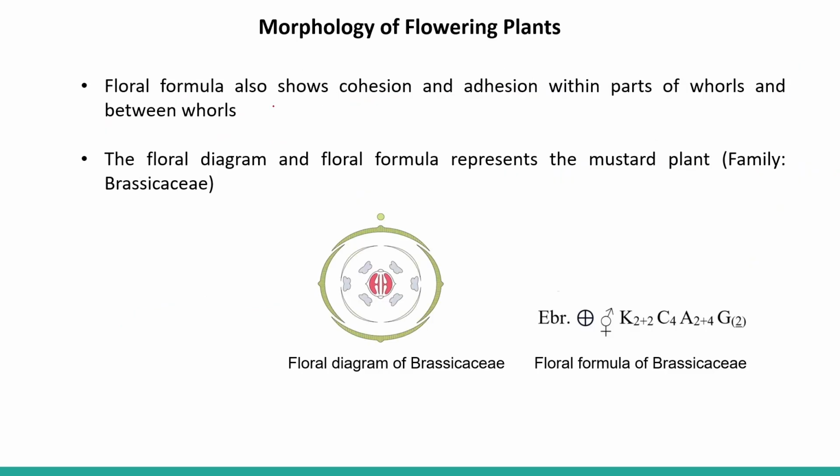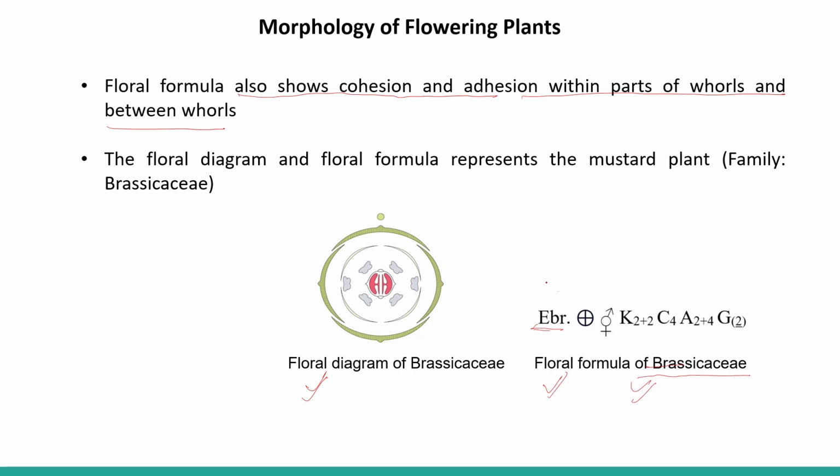The floral formula also shows the cohesion and adhesion with the parts of the whorls between whorls. So here you can see ebracteate, the flower. This is the description of, for example, the Brassicaceae family, both the floral diagram and the floral formula.